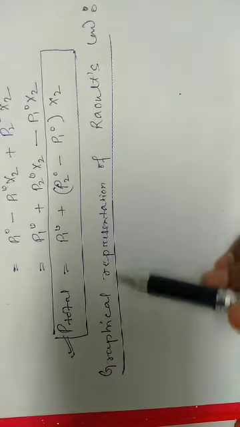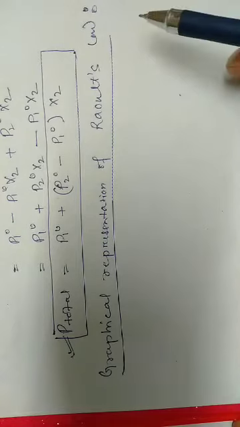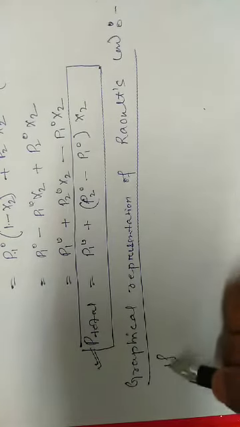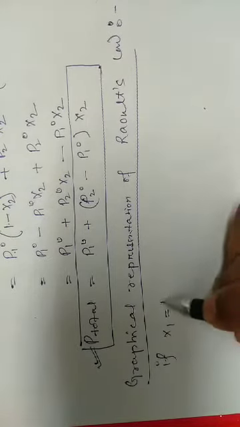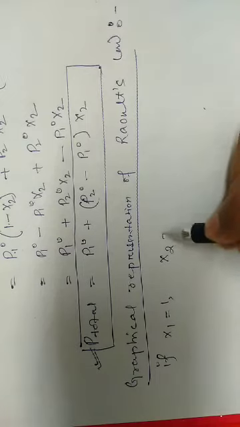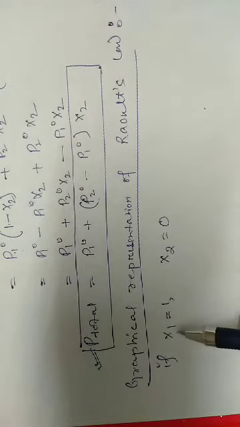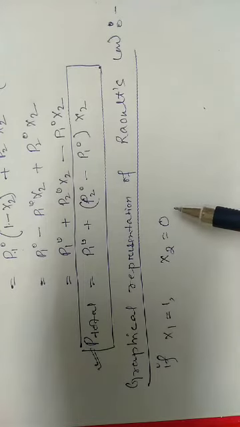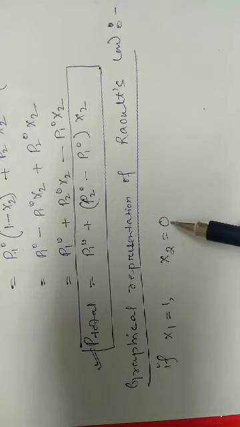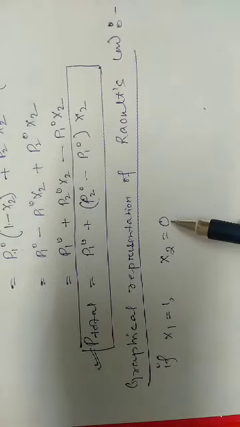Let us now graphically represent Raoult's law. If X1 equals 1, then obviously X2 equals how many? 0. Why? X1 plus X2 is always equal to 1. That means if X1 equals 1, X2 equals 0. If X1 equals 0, then X2 obviously equals 1.